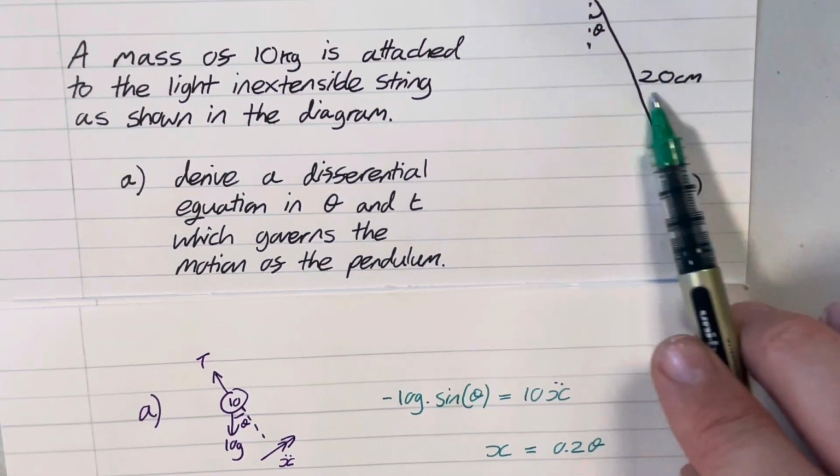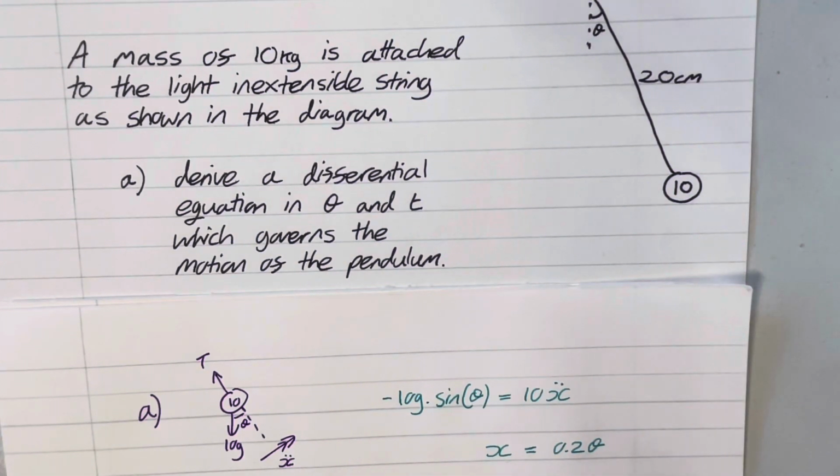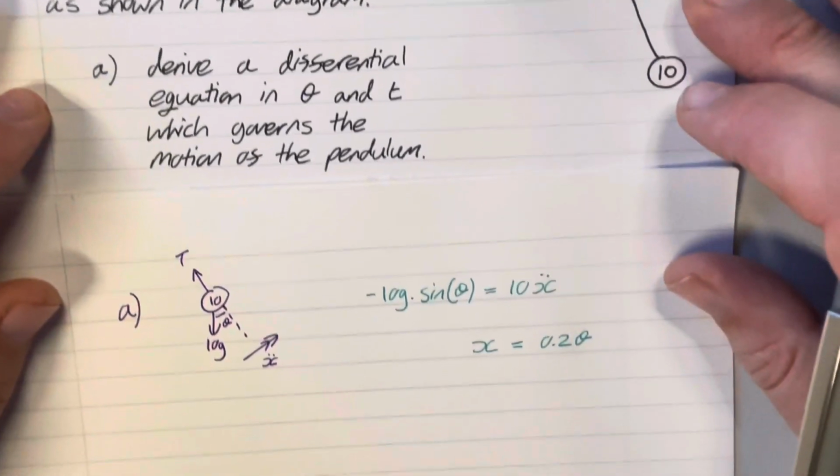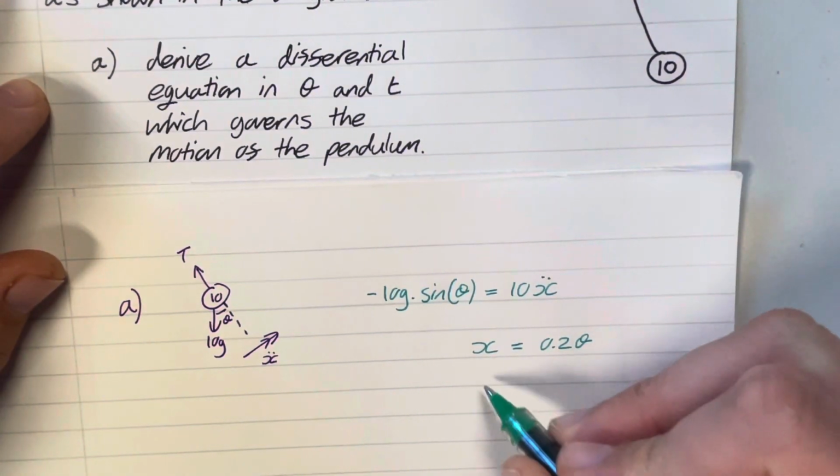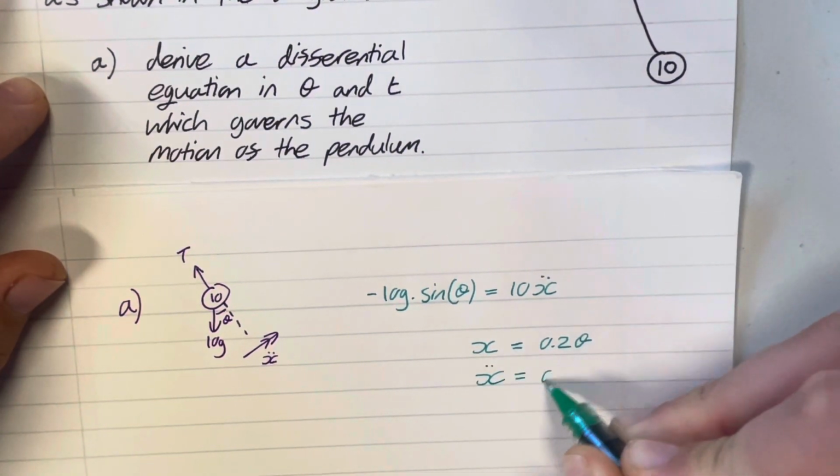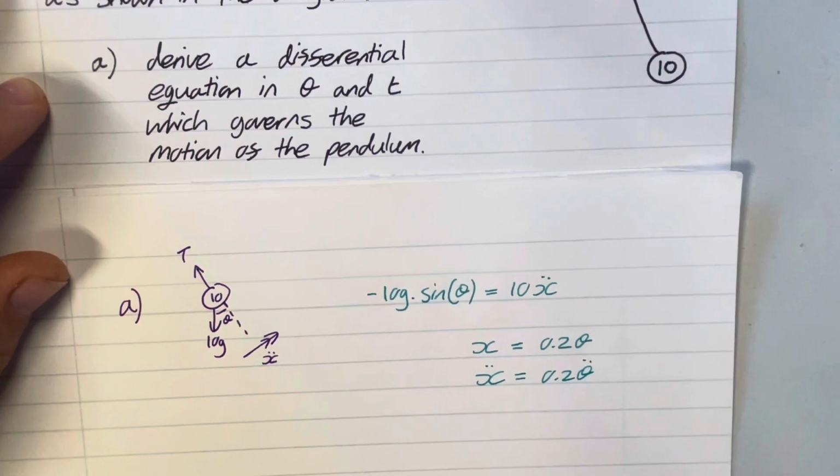So therefore 0.2 meters, we should stick to SI units. So the distance it travels around the arc of the circle is equal to 0.2 times the angle subtended at the pivot. So we can differentiate that, so we get x double dot is equal to 0.2 theta double dot.